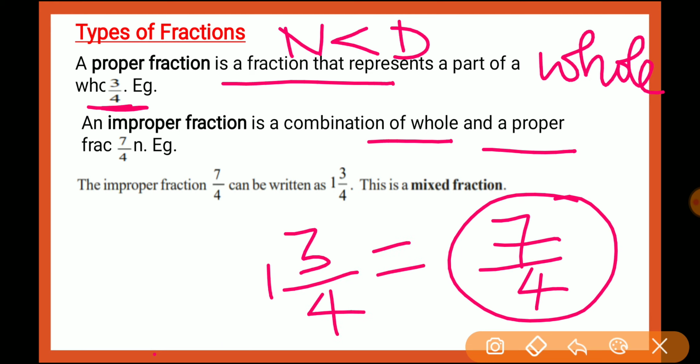You know both are equal. How? If you have to change, you know this one is your mixed fraction. It is clear. And this one is your improper fraction. It means simply you can say when denominator is smaller than numerator, opposite to proper fraction. Okay, simply you can say the denominator is smaller than numerator.